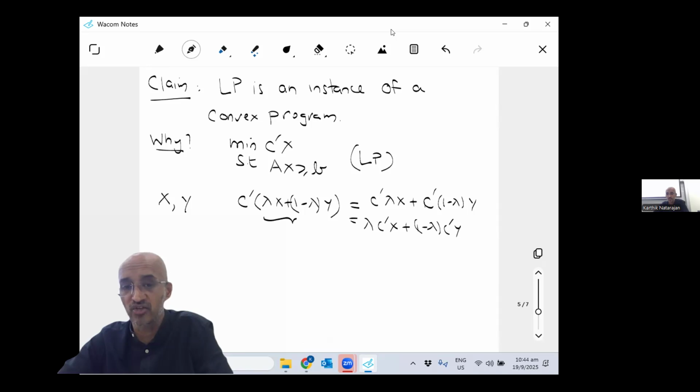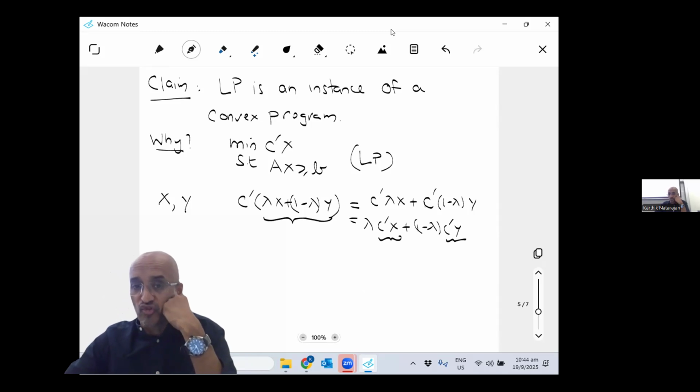That's the objective function at this point. It's a convex combination of the objective functions at x and y. We required in the definition only this to be less than or equal to. Linear functions are both convex and concave; they satisfy less than or equal to and greater than or equal to. So a linear function is a convex function. This satisfies the definition.